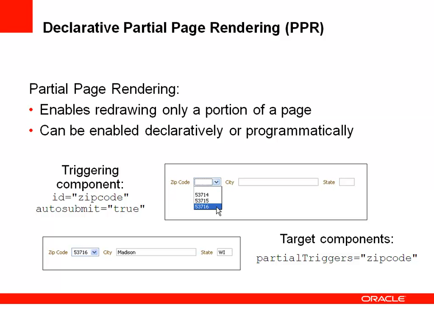You can achieve partial page rendering in Oracle ADF Faces using either programmatic techniques or a simple declarative mechanism. All you need to do is define one component and its dependency on another component, and this is done by setting a partial trigger property for the component that depends on another component, and the event originating component needs to have an auto submit property set to true.